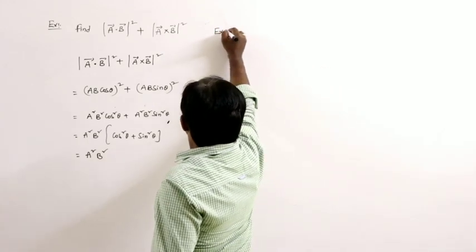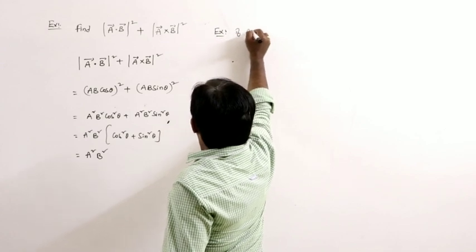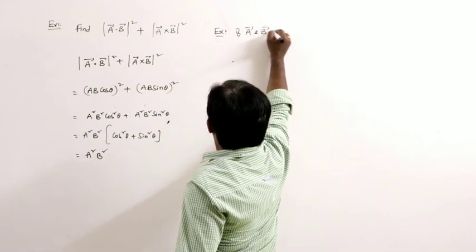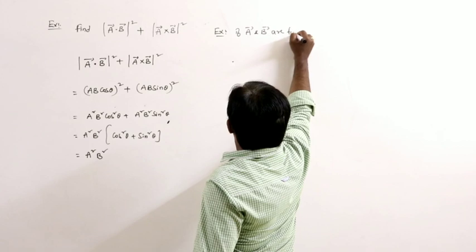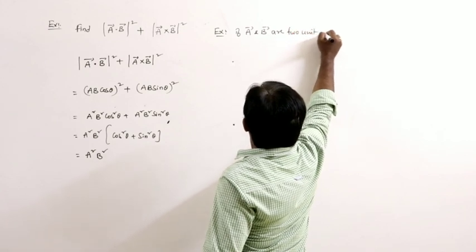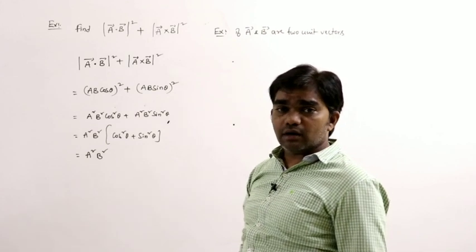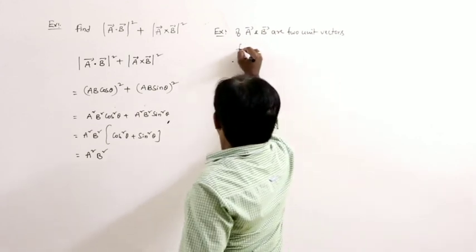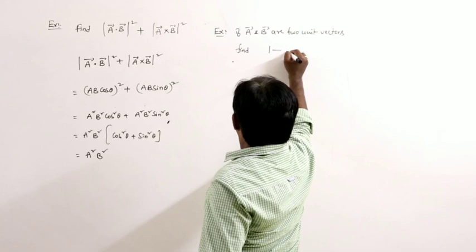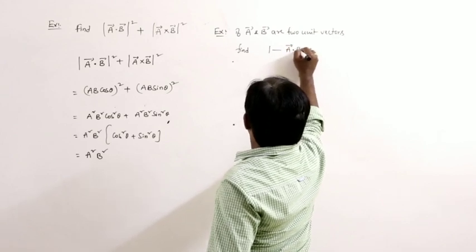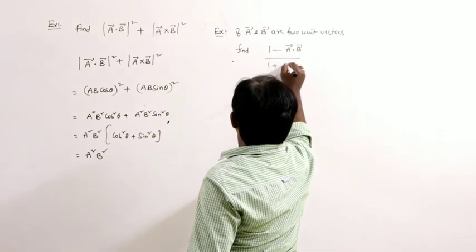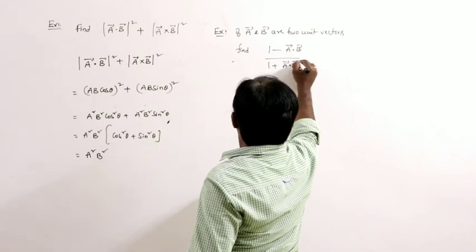Next, one more example. If a bar and b bar are two unit vectors, then find 1 minus a bar dot b bar divided by 1 plus a bar dot b bar.